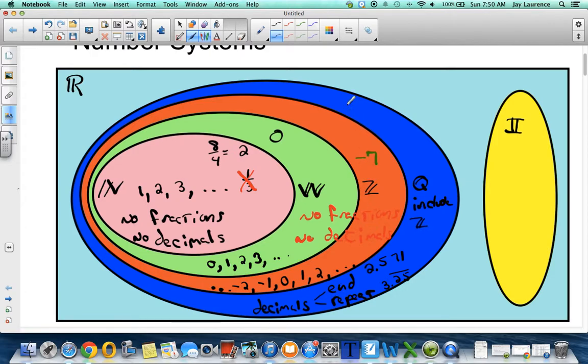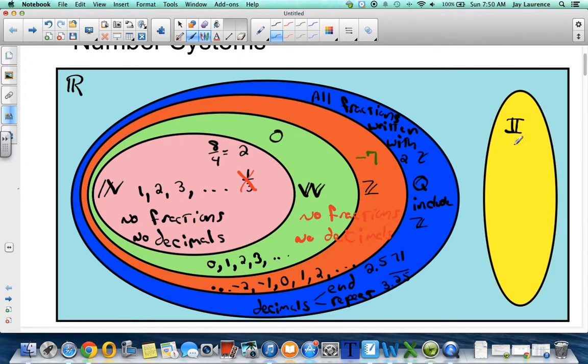They also include fractions, all fractions, okay, written with 2 integers, okay? So all fractions are written with 2 integers.